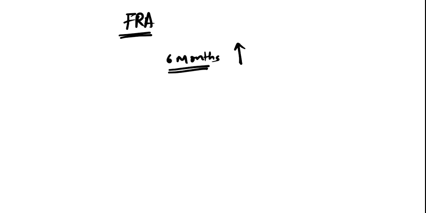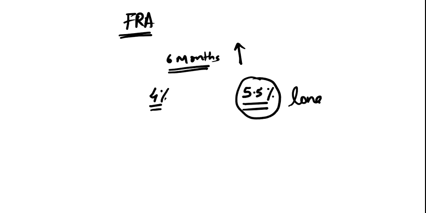If today the interest rate is 4%, after 6 months, for the next 6 months, you feel that the market interest rate will be 5.5%. Clear? So you are long on interest rate. But not today. After 6 months, for 6 months.